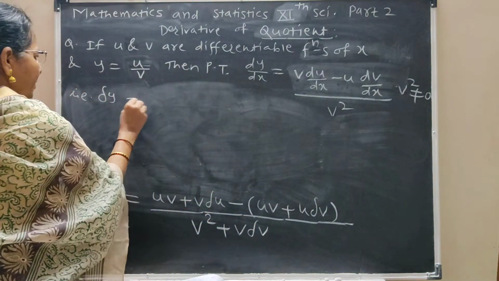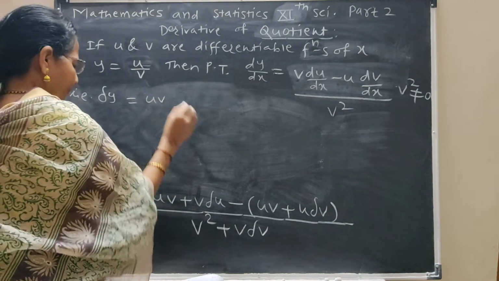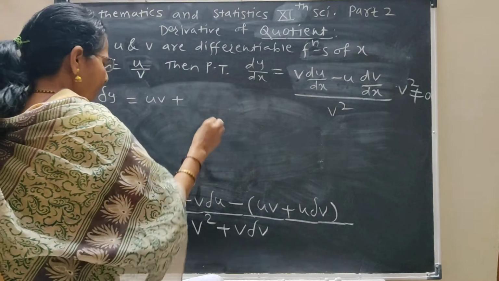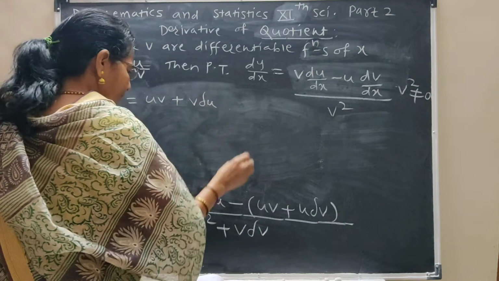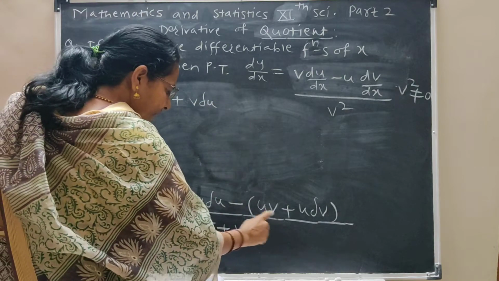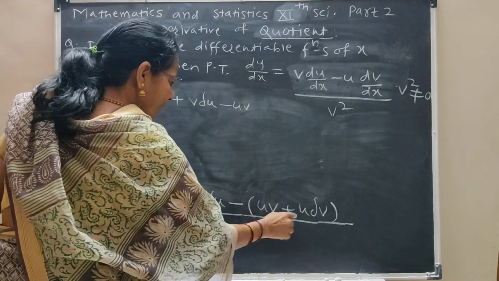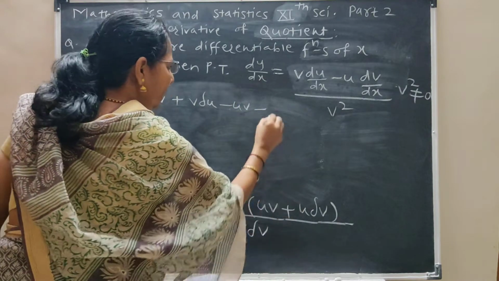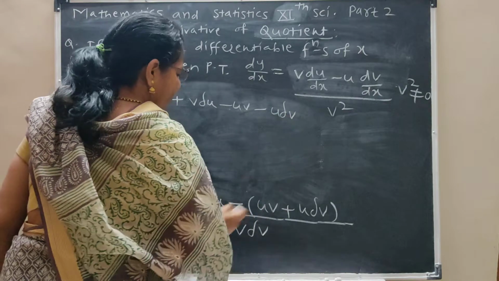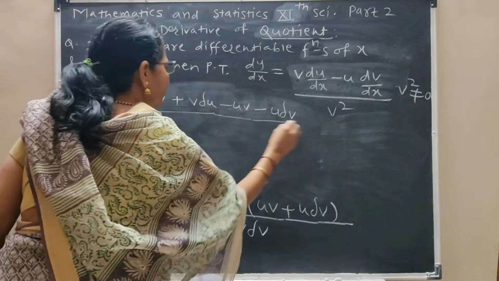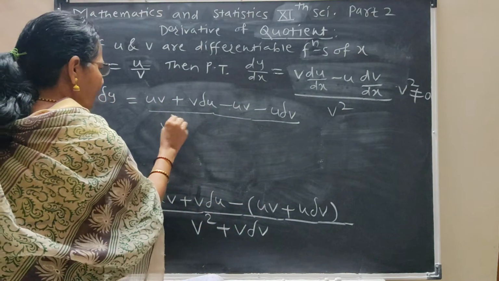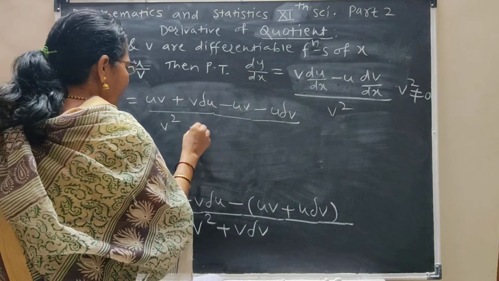Next step is equal to uv plus v delta u, sign change inside, minus uv minus u delta v, upon v square plus v delta v.